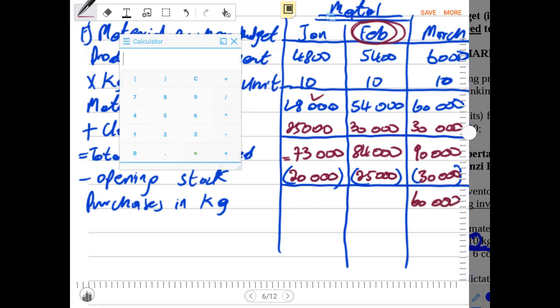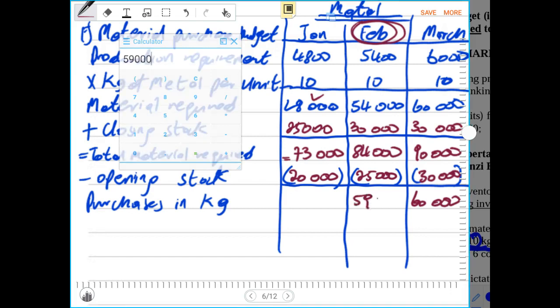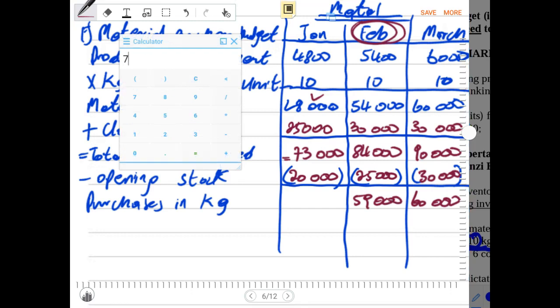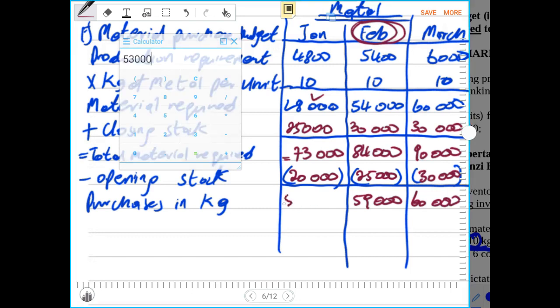Then after we say 84,000, we less 25,000, this will give us 59,000 material to be purchased. Then we have 73,000, we minus 20,000, and this will give us 53,000 kgs of material that are needed to be purchased.